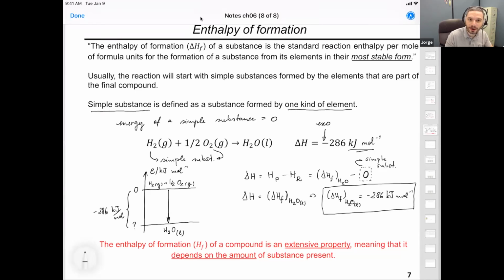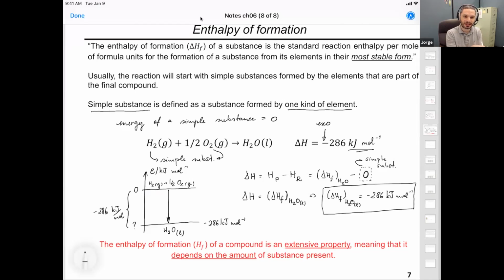So therefore, the energy of 1 mole of molecules of water in the liquid state is minus 286 kilojoules per mole. Okay, so the water molecule is going to carry this energy pack to other reactions. And that is the idea of enthalpy of formation, is how much energy the molecule has, kind of.